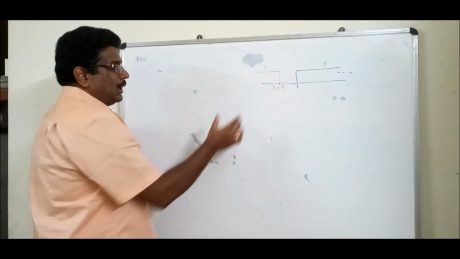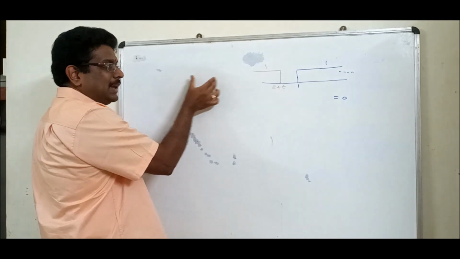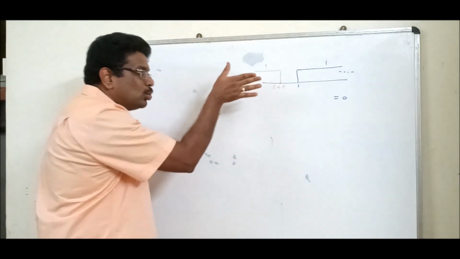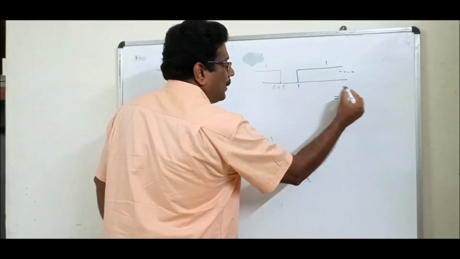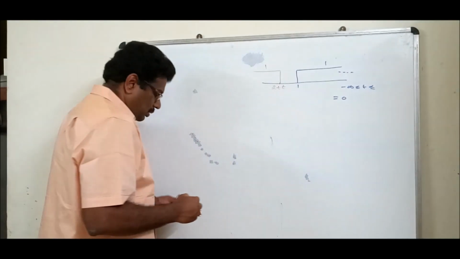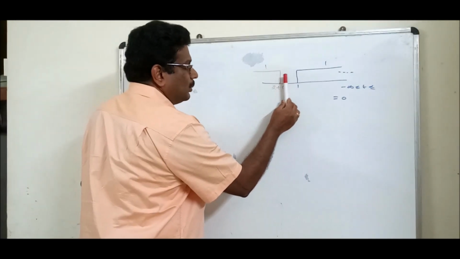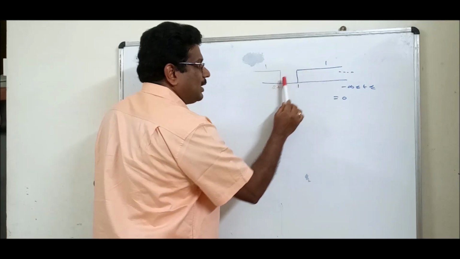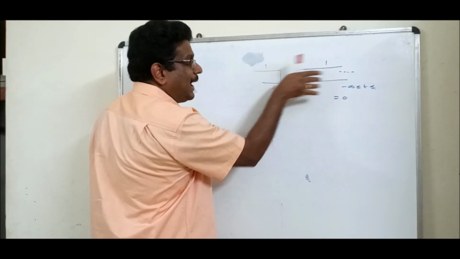When, sir? If I put the signal here, whatever you do this side, definitely it won't overlap. There is no common area. So from minus infinity up to, recall, this particular signal is moving. If it crosses this number 1, definitely it is overlapping, and if you multiply, an answer will be there.